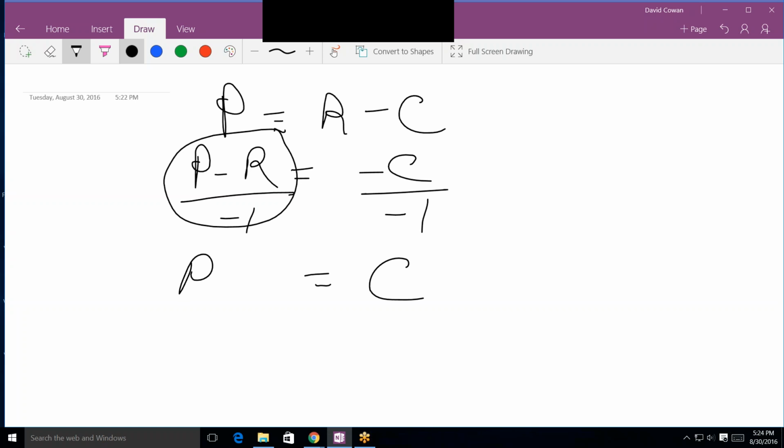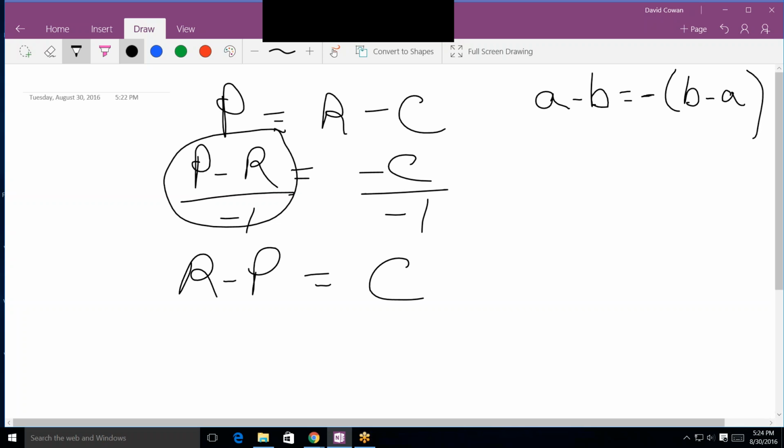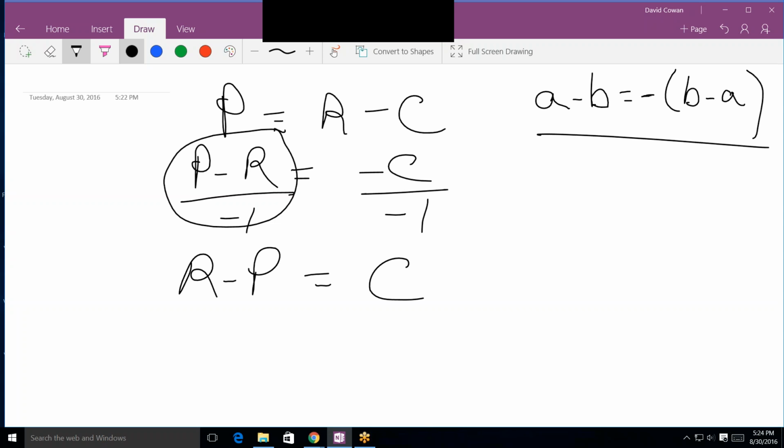It's always R minus P. In other words, here's what I'm saying. This is a good thing to know. A minus B is always the negative of B minus A. No matter what A and B are, the statement is always true, which means that A minus B divided by B minus A is always -1.